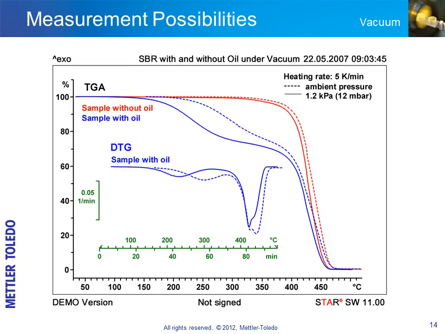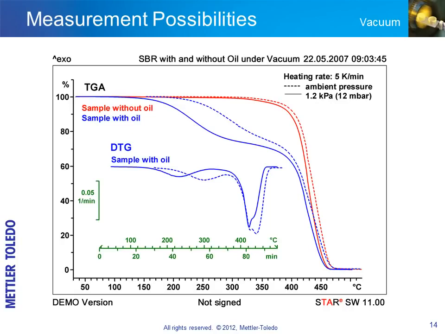In this example, the dotted lines display the weight loss curves of SBR samples with and without oil at ambient pressure. The continuous lines show the corresponding curves measured under vacuum at a pressure of 1.2 kilopascals. We notice that vacuum hardly influences the measurement curve of SBR without oil.